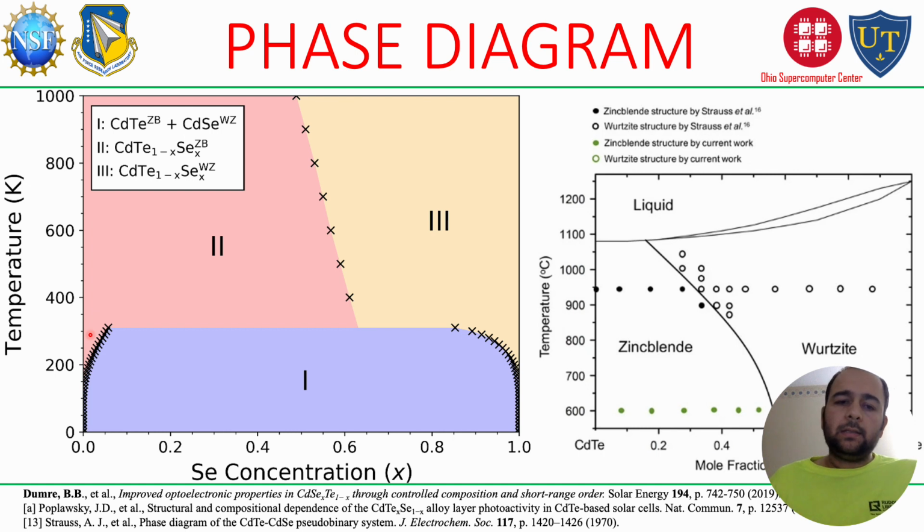So you can mix this particular material only beyond 325 kelvins. After that, you can realize the zinc blende crystal structure in this red region, whereas you can realize Wurtzite crystal structure in this yellow region. As you increase the temperature, you can form the alloy in Wurtzite crystal structure even at a lower selenium concentration. Our calculation exactly matched the experimental result of the phase diagrams as well.